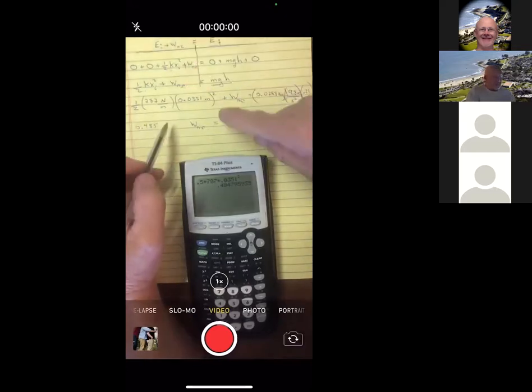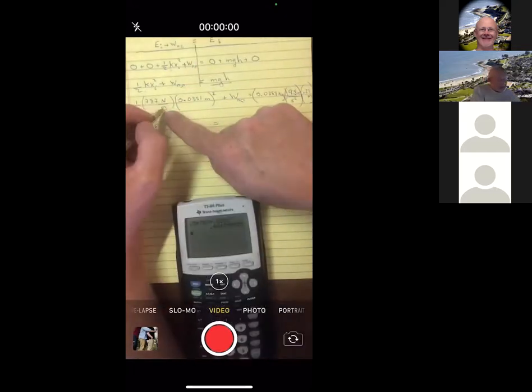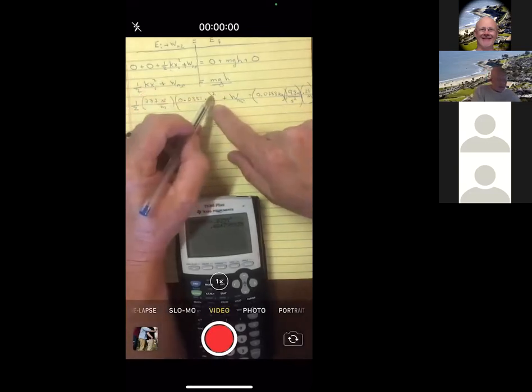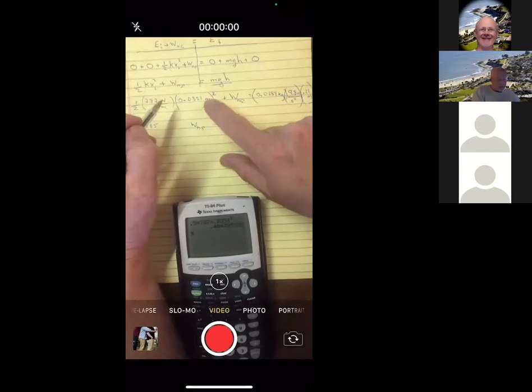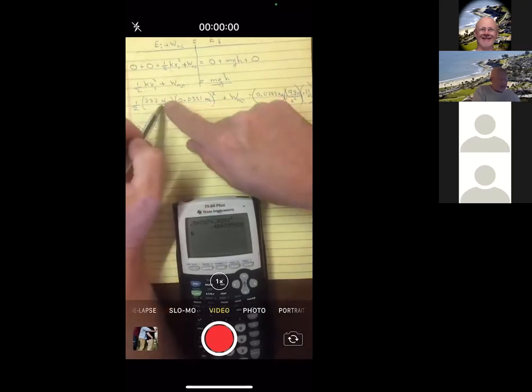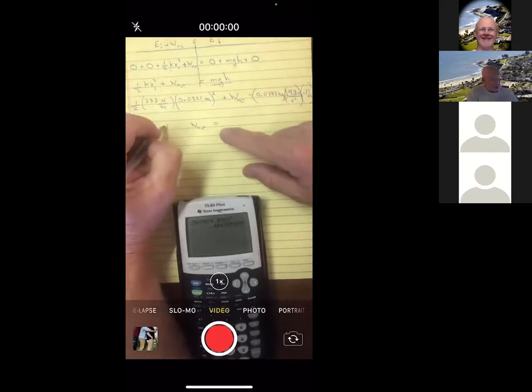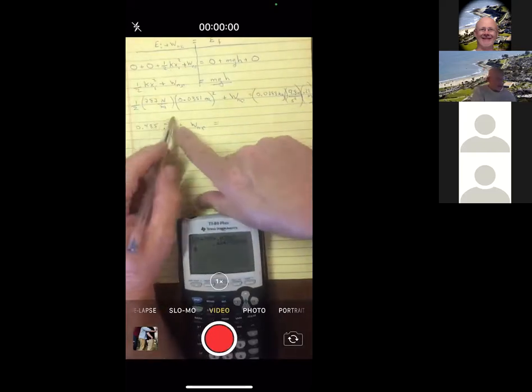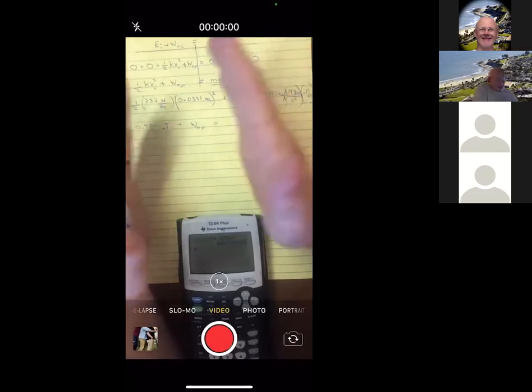And just to confirm it's joules, watch: this meter would cancel with one of them, right? Remember, it would be meters squared, so one of them is going to cancel. So I still have a meter, and that meter times that Newton is the definition of a joule, a Newton times a meter.